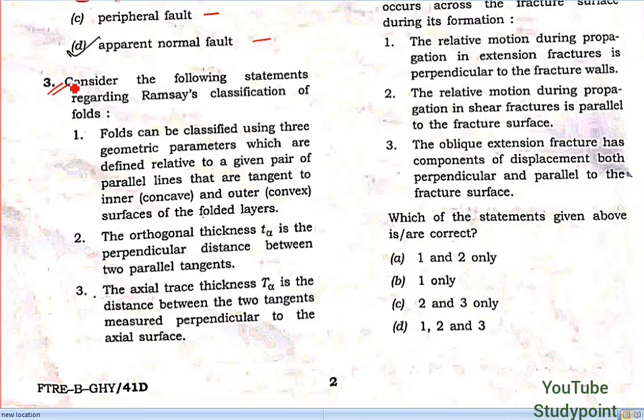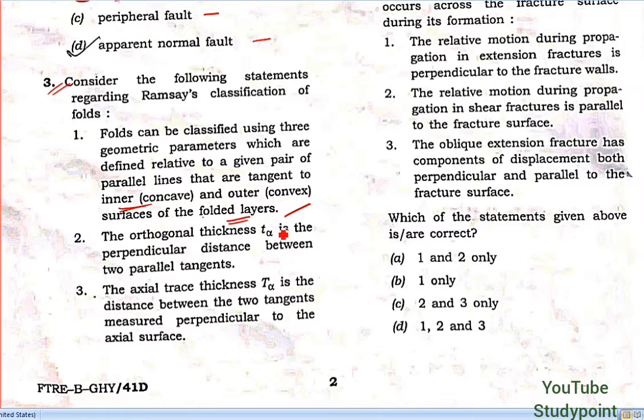Number 3. Consider the following statements regarding Ramsay classification of the fold. Here 3 statements are given regarding Ramsay classification. First one, folds can be classified using 3 geometric parameters which are defined relative to a given pair of parallel lines that are tangent to the inner and outer surface of the folded layer. This is right.